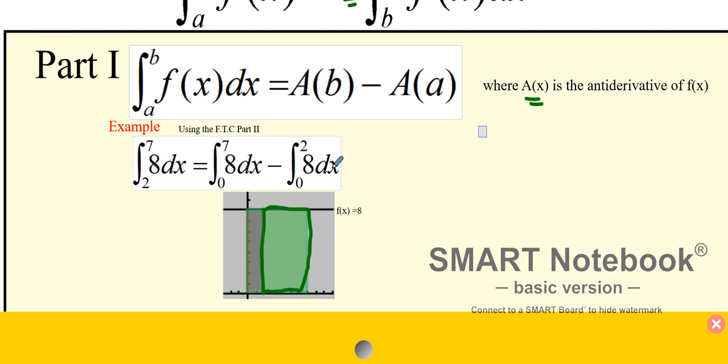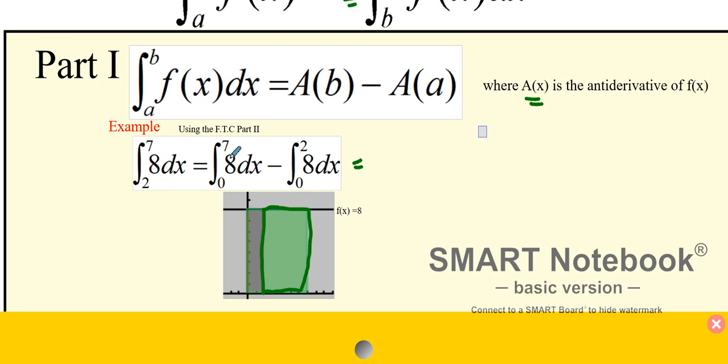Now normally what we do is take this whole value and subtract this value right there. So I'm going to take the value from 0 to 2. So from 0 to 7 minus the integral from 0 to 2, I find the area from a to b minus a to b.